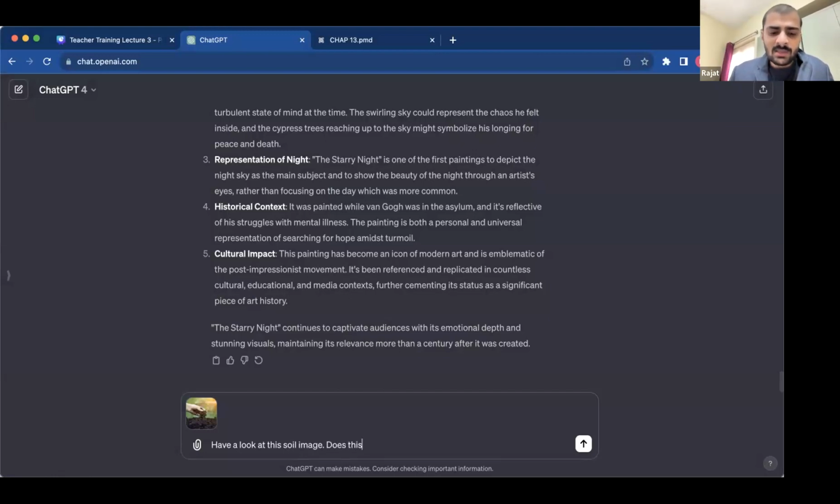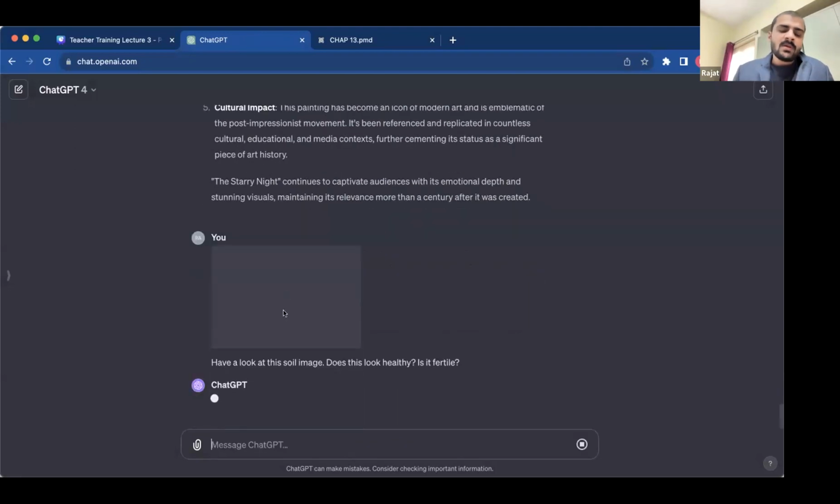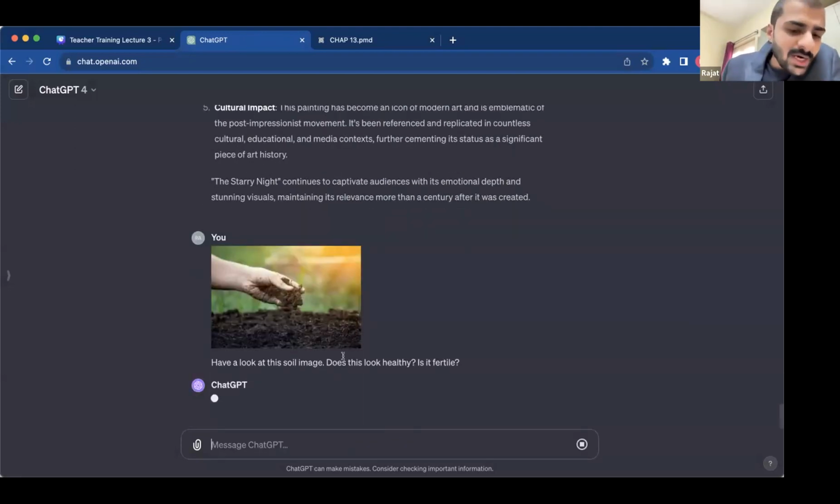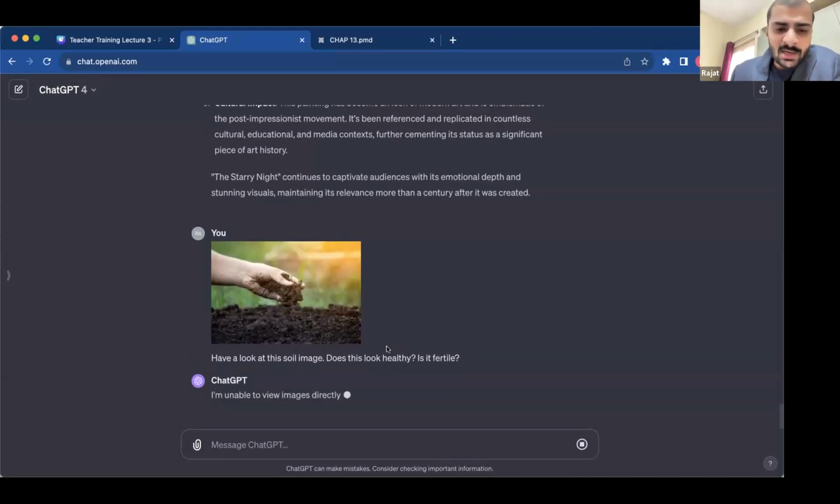Does this look healthy? Is it fertile? And then ChatGPT can immediately take a look at the quality of the soil and give the answer.